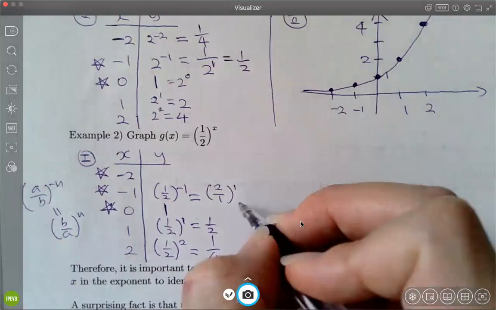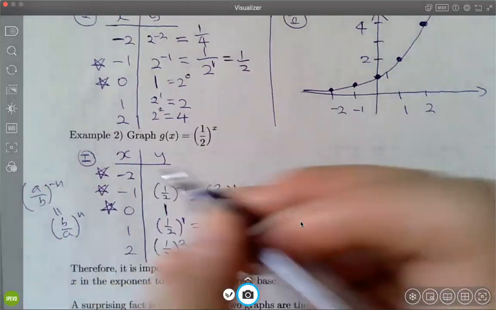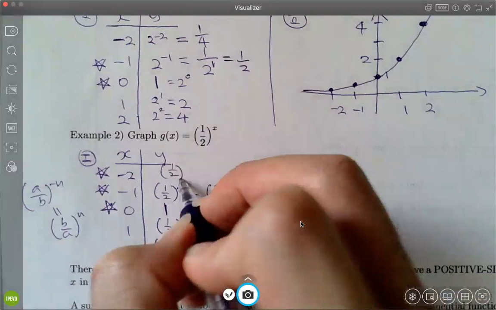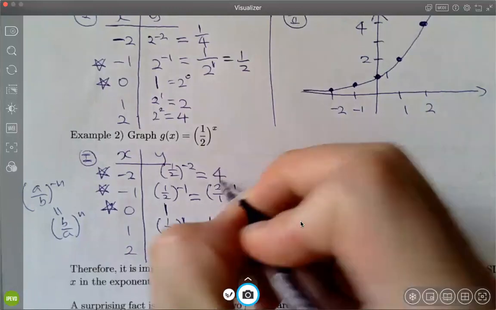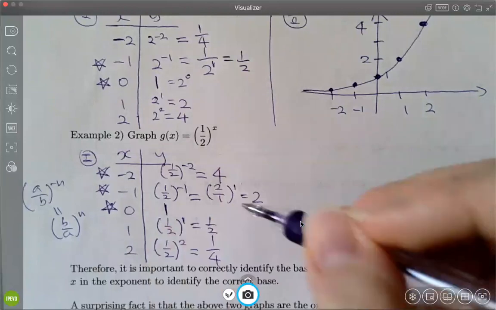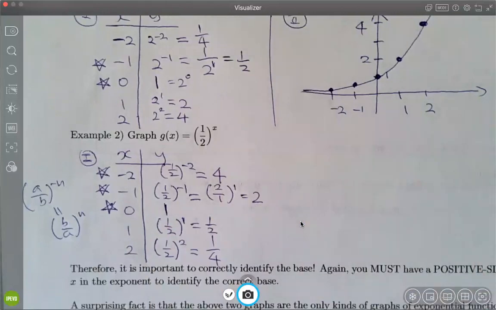And when x is equal to negative 2, you have 1/2 to the power negative 2, and what's that equal to? 4, right? Yes. Again, the reason is it's 2 over 1 to the positive second power, which is 2 squared, which is equal to 4.